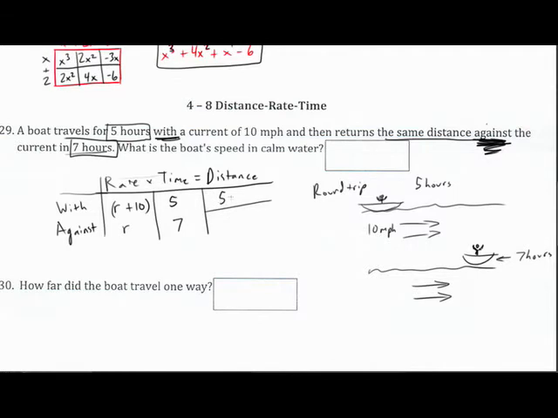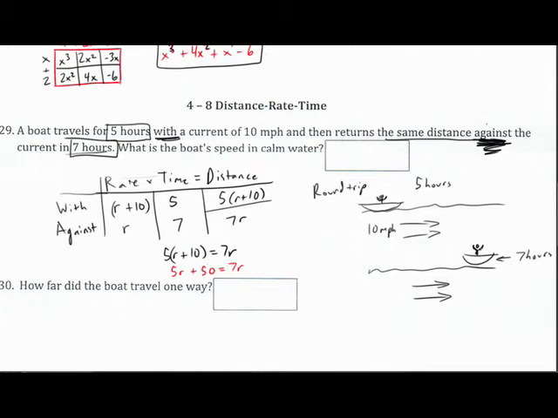So this becomes 5 times (R plus 10) and 7R. And we said if I set this equal to each other, then I'll know my rate. So 5 times (R plus 10) is equal to 7R. And this is going to be 5R plus 50 is equal to 7R.